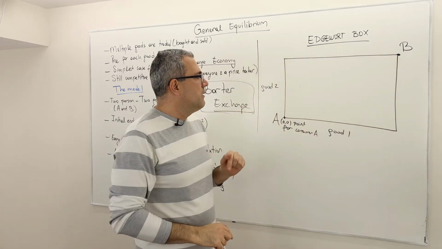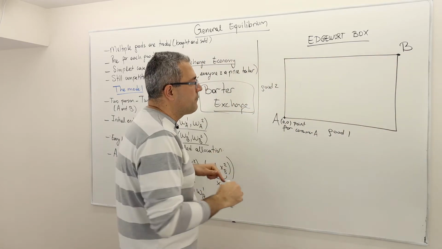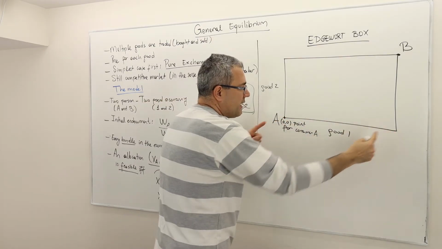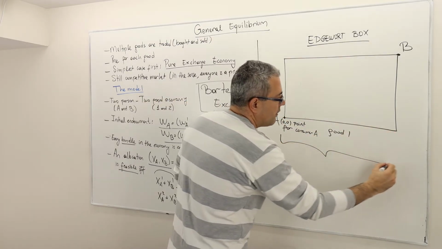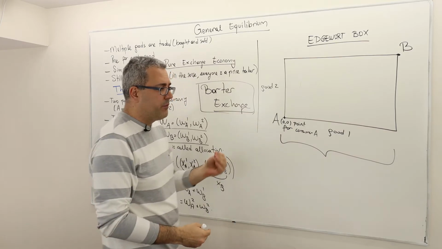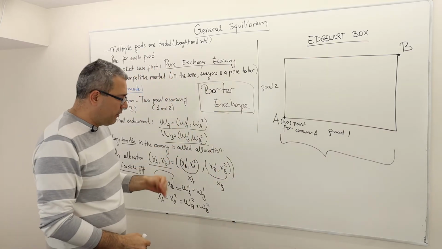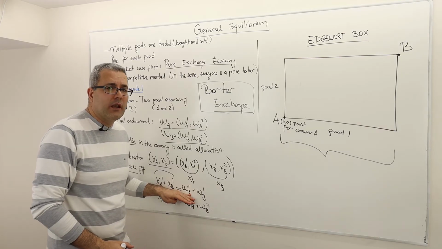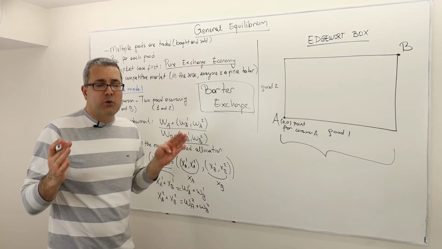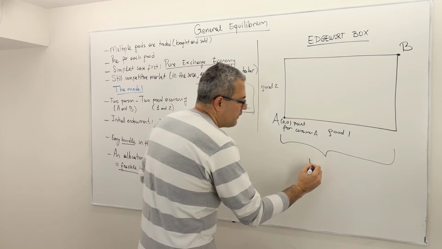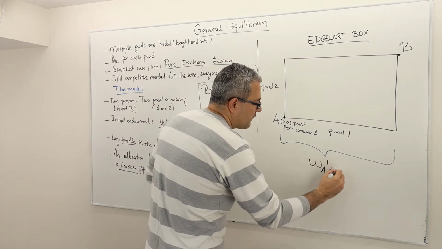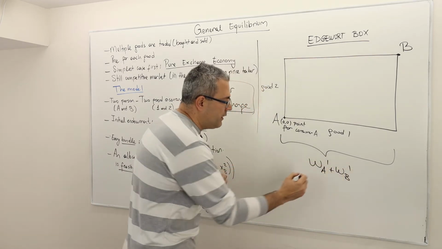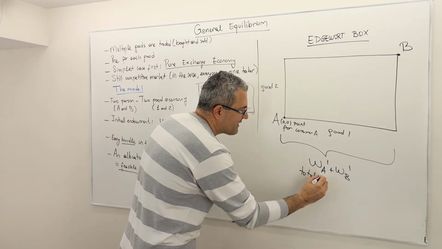One more thing. The length of this side, remember the horizontal axis represents good 1. So the length of it is equal to the number of available good 1 in this economy, or the total supply of good 1, WA1 plus WB1.